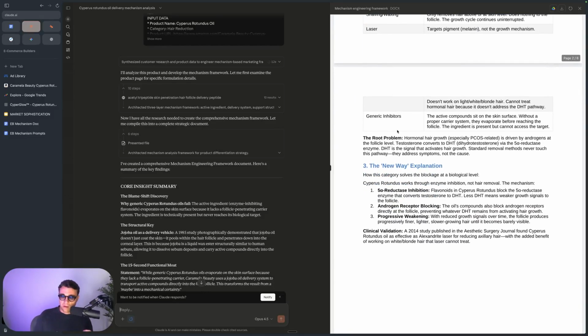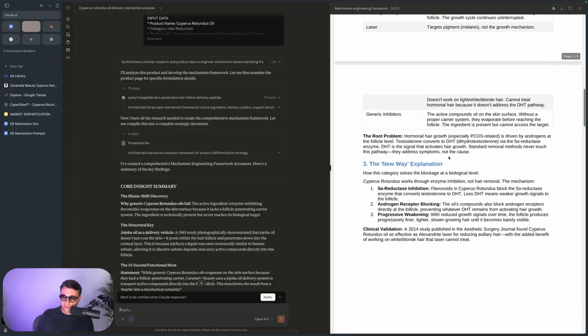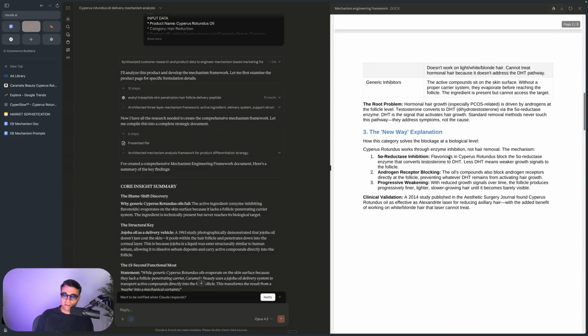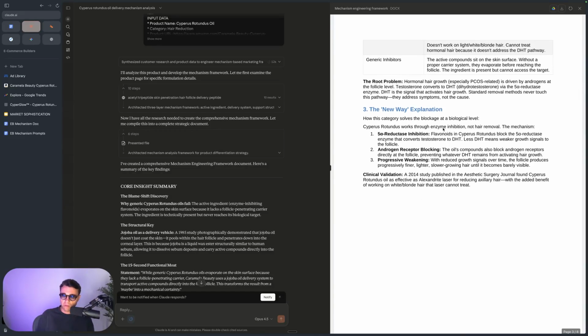Generic inhibitors don't work on light, white or blonde hair, and cannot treat hormonal hair because they don't address the DHT pathway. The active compounds sit on the skin surface without a proper carrier system. They evaporate before reaching the follicle. The ingredient is present but cannot access the target. So the root problem, hormonal hair growth, especially PCOS related, is driven by androgens at the follicle level.